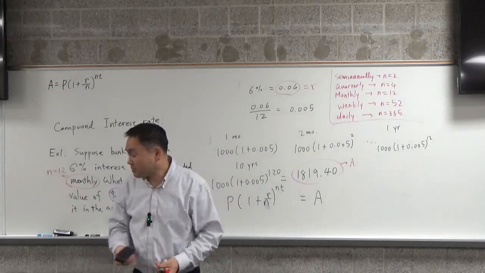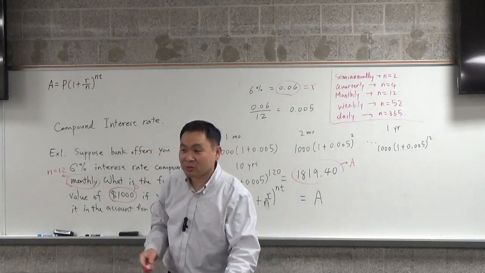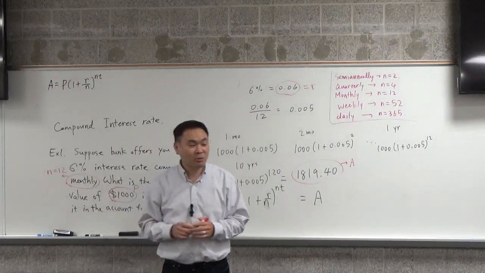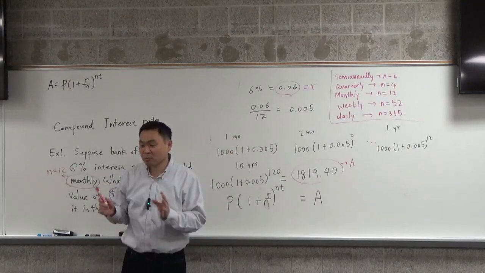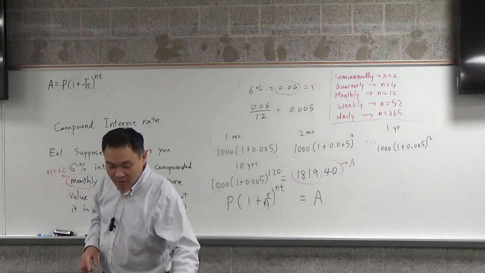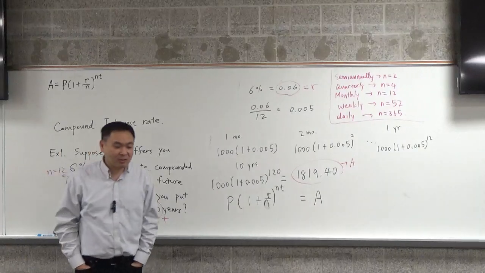So let me instead just give you a story. We'll start with just $1 rather than $1,000 because it's easier. So let's think about the principal as $1 and increasing that by 100%.